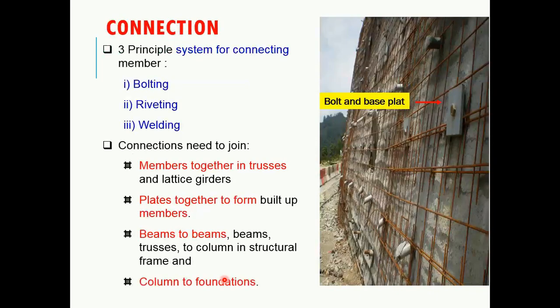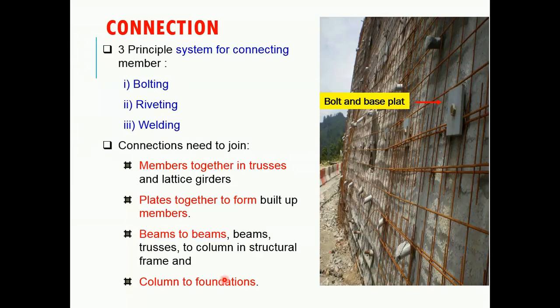In connection, there are three principal systems for connecting members. In steel construction, we need to connect the members to build a structure. The three principal systems are bolting, riveting, and welding.